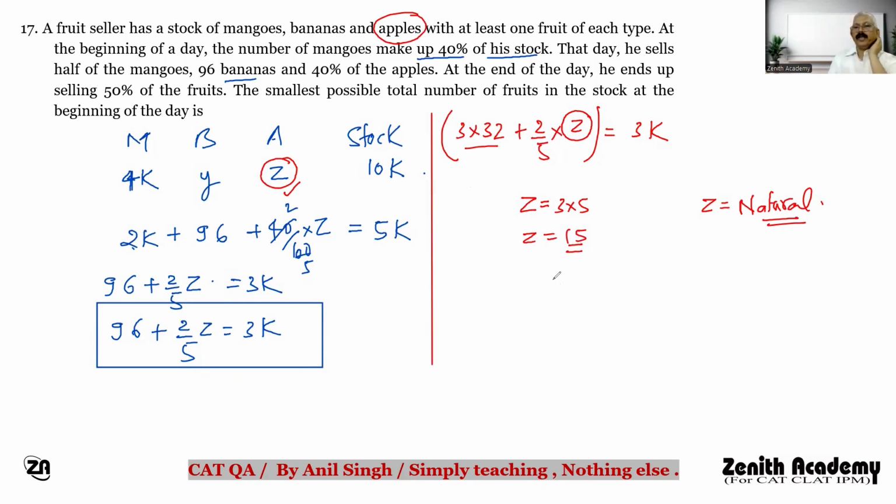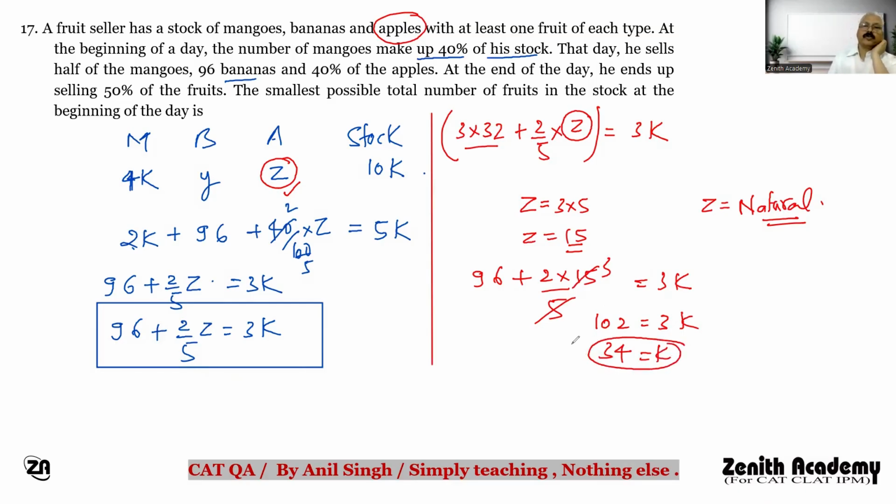So if Z is 15, then 96 plus 2 by 5 into 15, 2 into 3 is 6. 96 plus 6 is 102, which is equal to 3K. So K is 34.